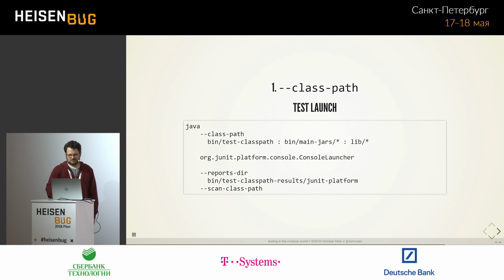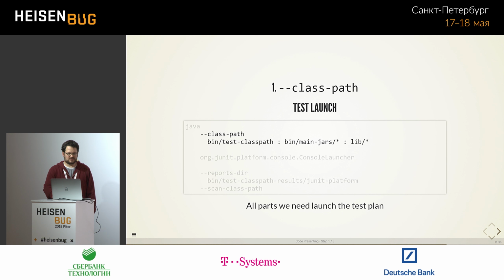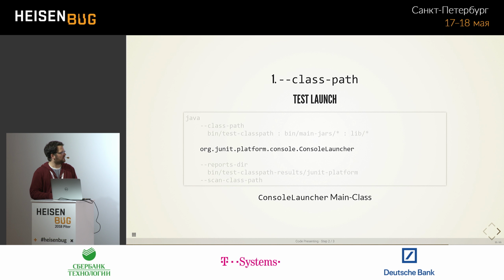And okay, after compiling, we want to launch our tests. That's the second step. So we set up a class path again. It looks different now because we have compiled something. We need to name the main class. It's the client of the platform here, the console launcher.